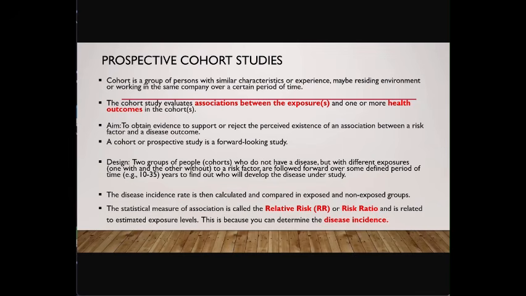One group is exposed to an exposure factor. Another group is not exposed to that factor. We want to find out what diseases could eventually emerge as a result of exposure to that factor.